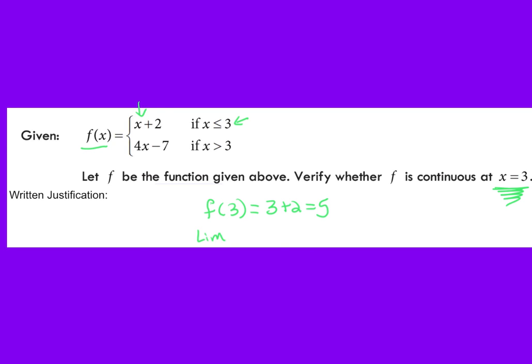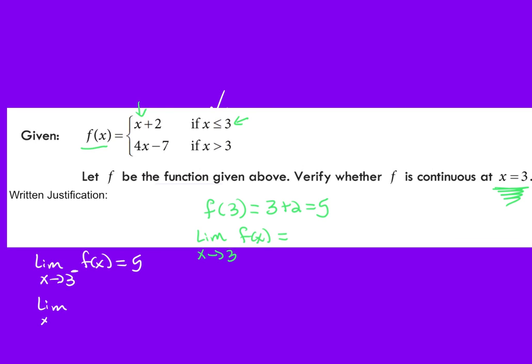Okay, does the limit as x approaches 3 of f of x exist? In this case, let's check both sides, left and right. The limit as x approaches 3 from the left uses the top function, which equals 5.